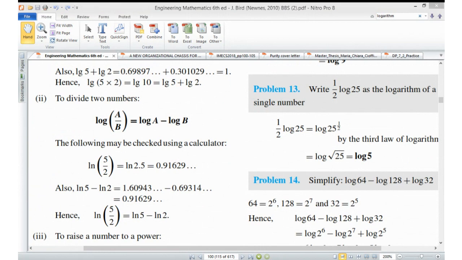So that's another law that relates to logs. Division changes to subtraction.